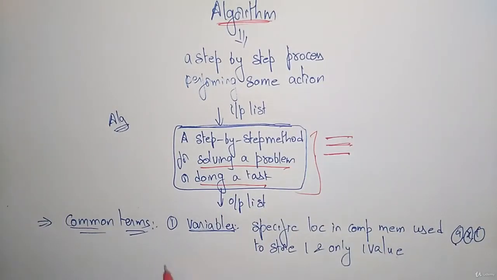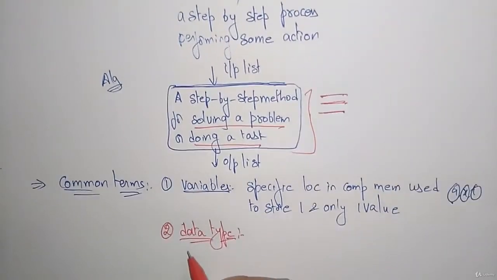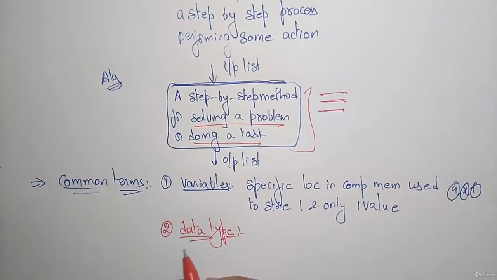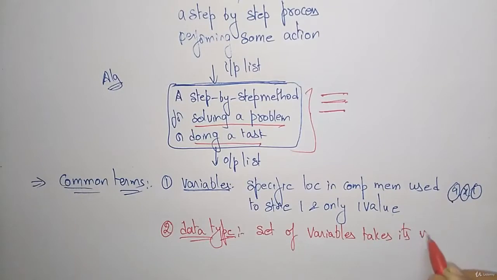Next, the second one is the data type. The next common term used in the algorithm is data type. A data type is a set of variables that takes its values.